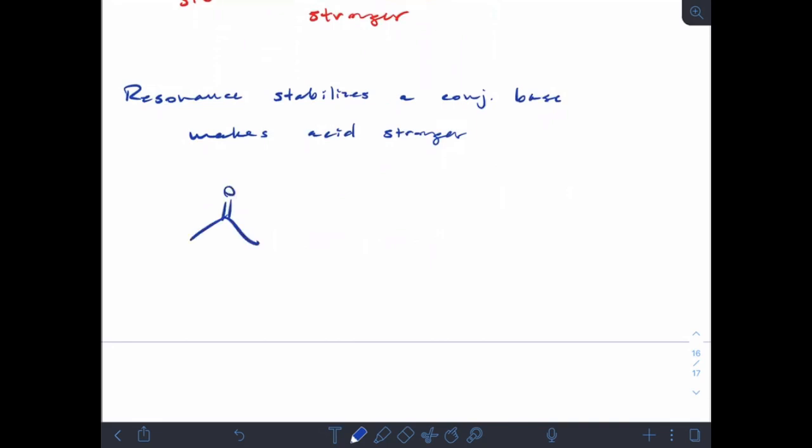So we've got our acetic acid, and it loses its proton. Right? And we have resonance, right? This double bond to the top oxygen can shift.